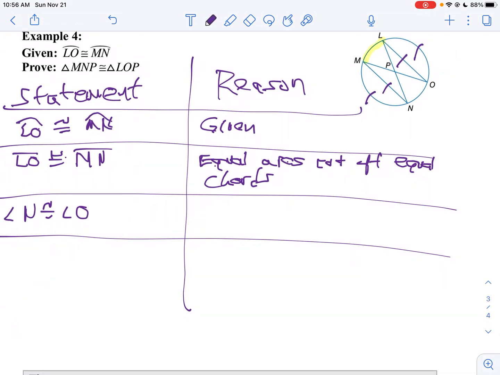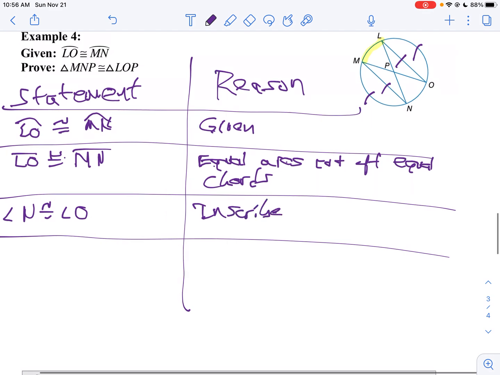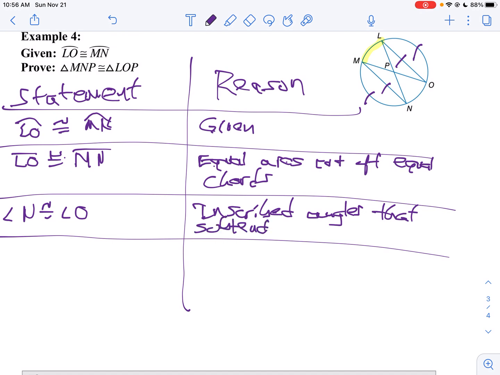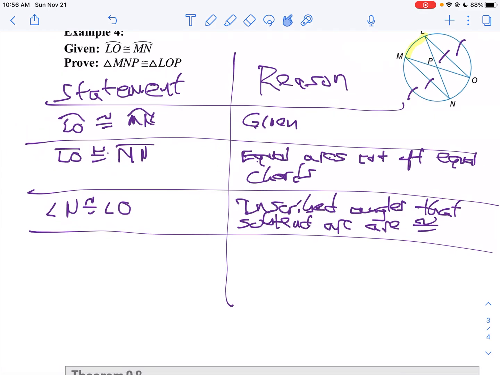I'm going to say inscribed angles, sorry about that, inscribed angles that subtend the same arc are congruent. Now, so I'm going to mark down angle N is congruent to angle O.